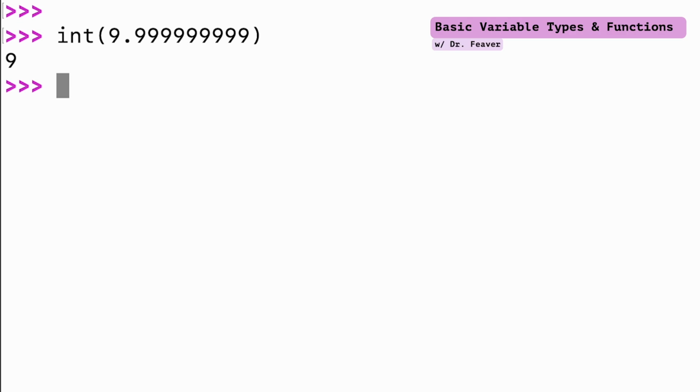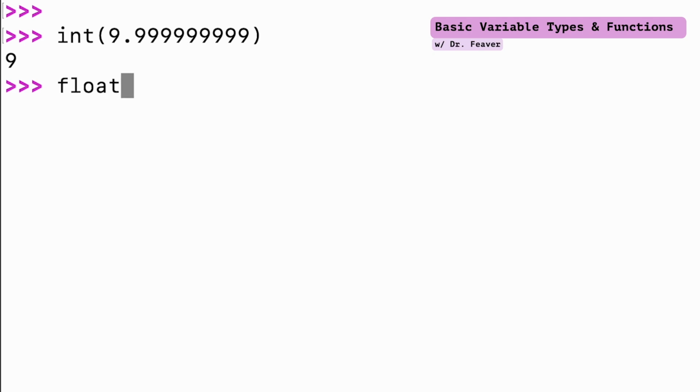It also has other uses, but the main thing to remember for now is that int takes off everything after the decimal place and it does not round. That's a common mistake that I see people make, they say, oh, int of 9.999999999, and they'll assume it evaluates to 10 and it doesn't. So we just look before the decimal place.